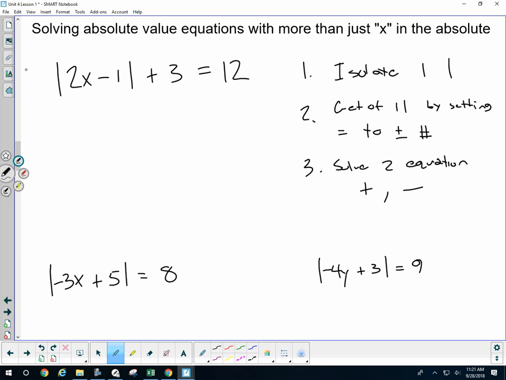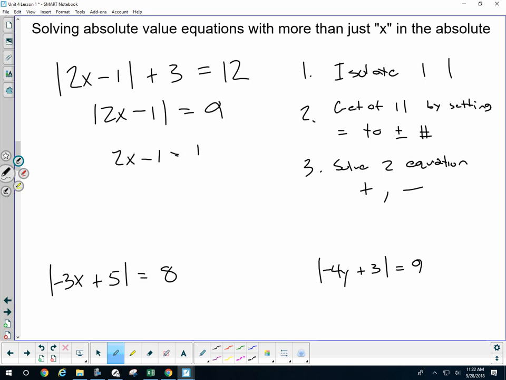So here, my absolute value is not isolated. I would have to start by subtracting 3. Everybody subtract 3. Now that my absolute value is isolated, I can get rid of it because I know I can have a positive or negative 9 inside my absolute value.